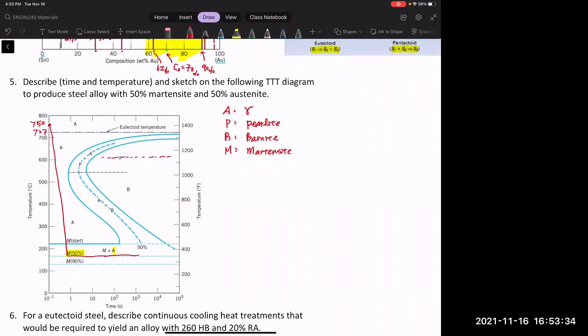A lot of questions that we ask you in the homework will say, quench to room temperature. We don't quench this. If you quench this, then everything will become martensite. Okay, so in this question, you don't quench. If you quench, it will be 100% martensite.